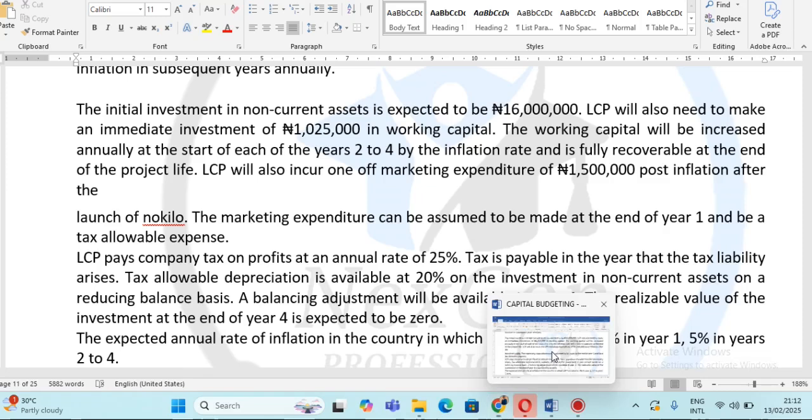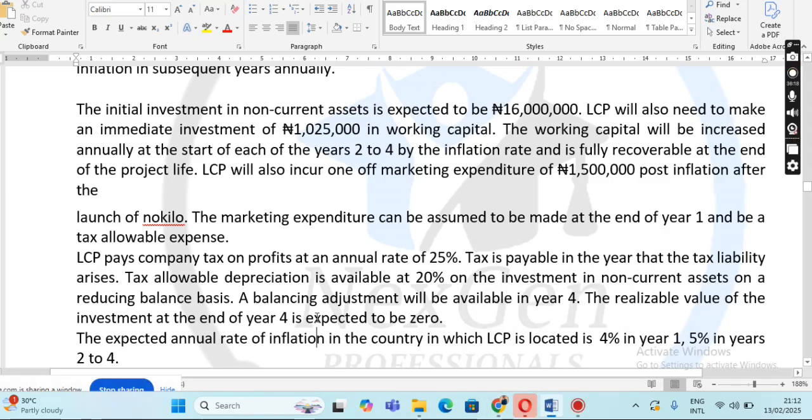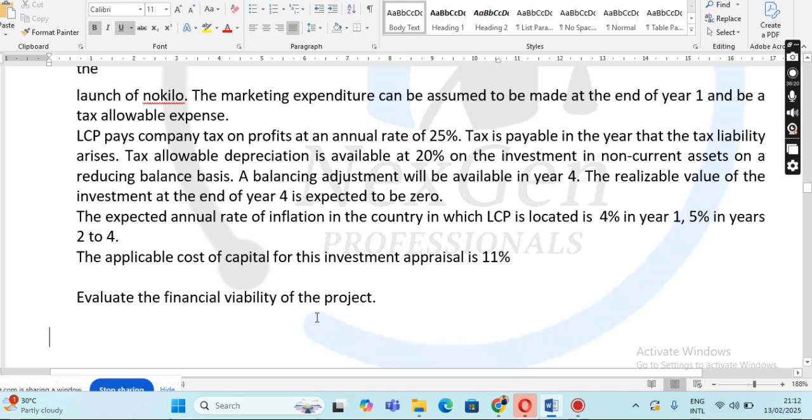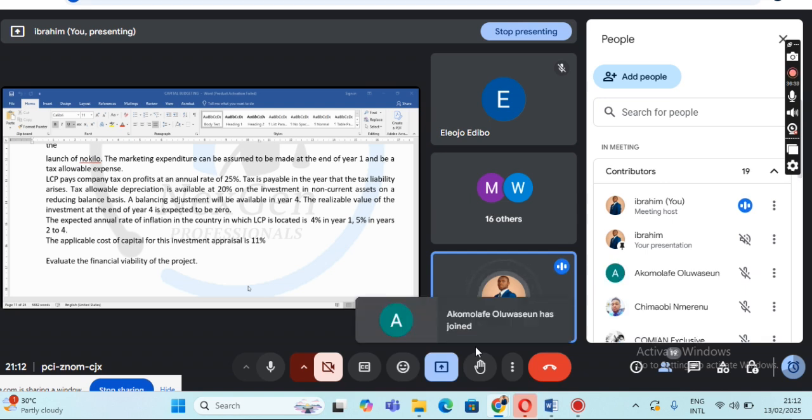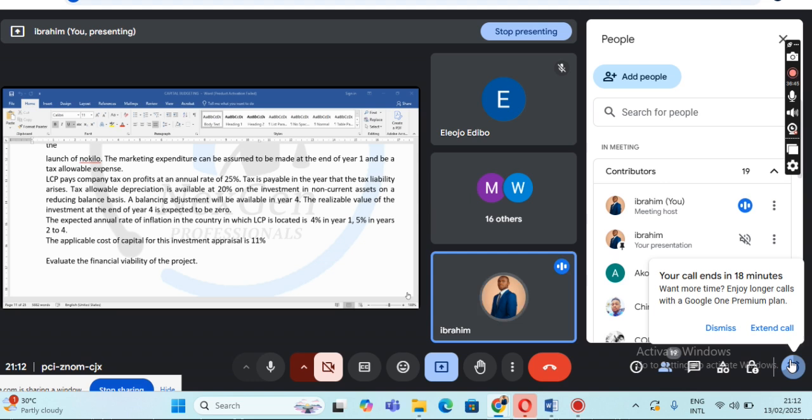Now, the last paragraph says that the applicable cost of capital for this investment appraisal is 11%. We are even lucky that they tell us the applicable rate is just 11%, which means that you use 11%. They didn't tell you that the cost of capital is zero. The cost of capital is what you use to do the conversion. So lastly, evaluate the financial viability of the project.